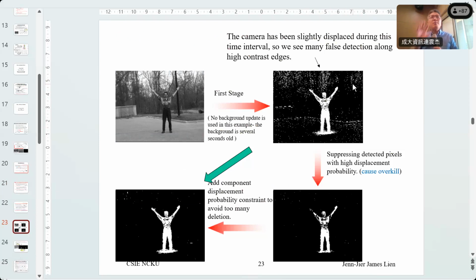The background model means what? If you belong to the background, your probability value will be high, because of the Gaussian distribution based on the background information. So any pixel with a higher probability belongs to the background. A low value belongs to the foreground. So those white pixels are the foreground.